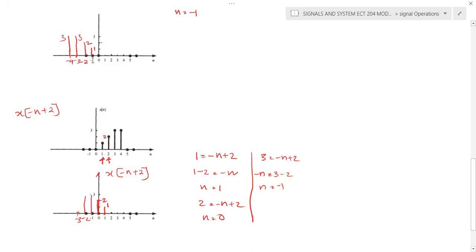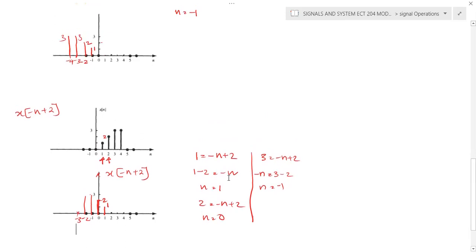This x of minus n signal is shifted by 2 units, that is x of minus n plus 2. This is a negative signal, not x of n, so the concept will be different. X of minus n is shifted 2 units to the right because it's a time reversal signal. Otherwise, you can directly approach the method we followed in this particular problem.